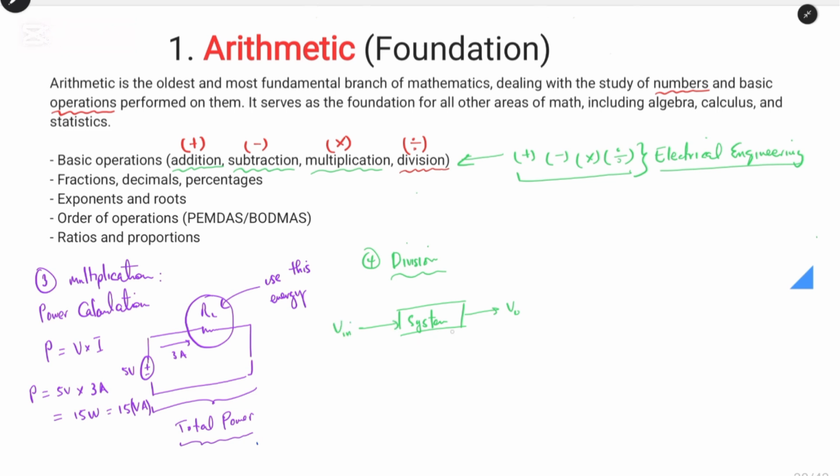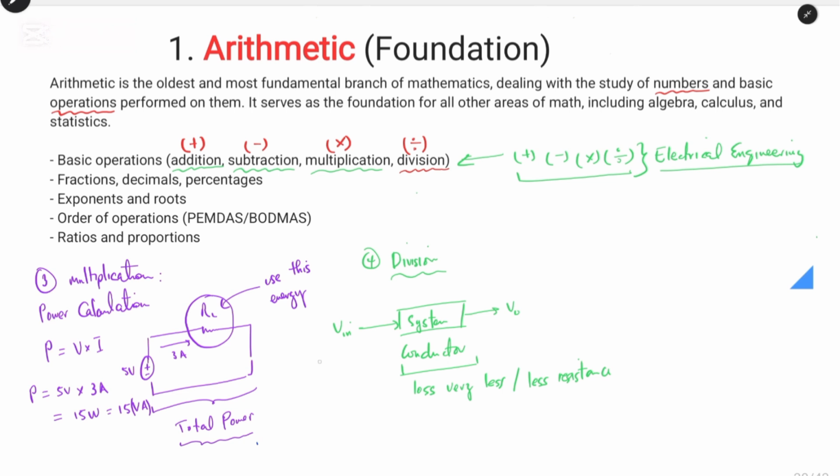For example, this system represents a conductor, and we want the conductor to have very little loss. When we say very little, that means it has low resistance. When we talk about zero resistance, that means there won't be any loss within a system.